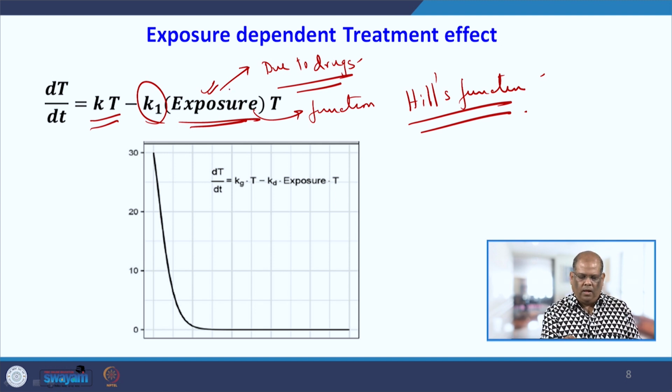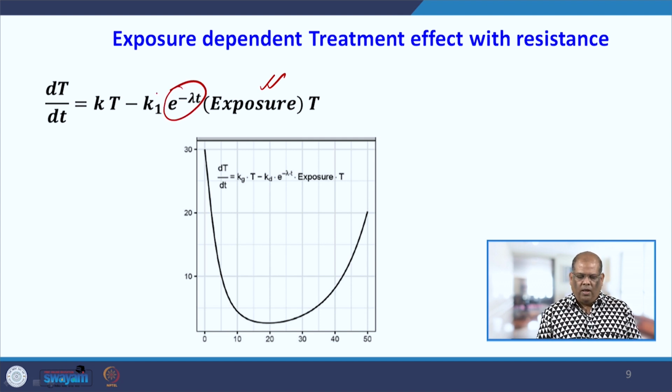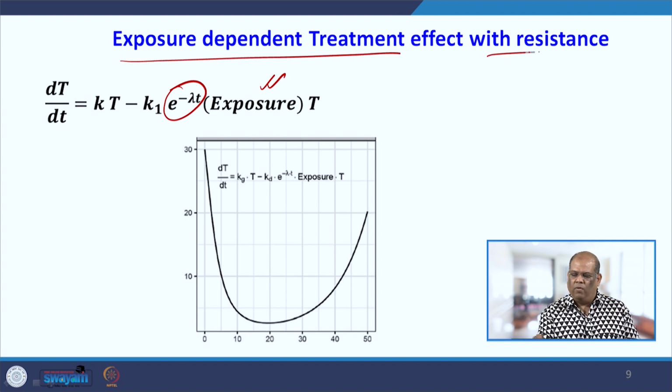So, this kind of model is also applicable. A special form of exposure is that you have a function, then you multiply it with some exponential factor of time, so that with time the effect of the drug slowly goes off. So, here it is an exposure dependent treatment, but with resistance.